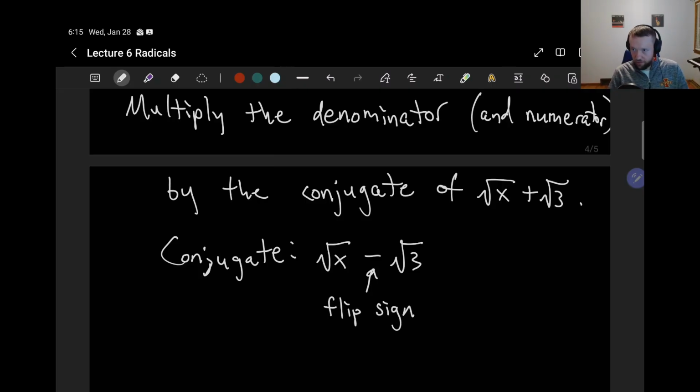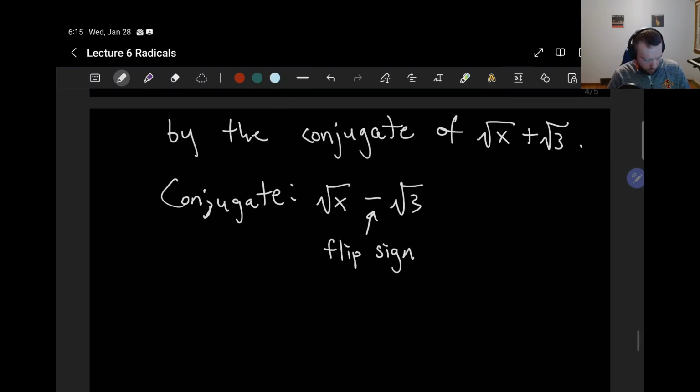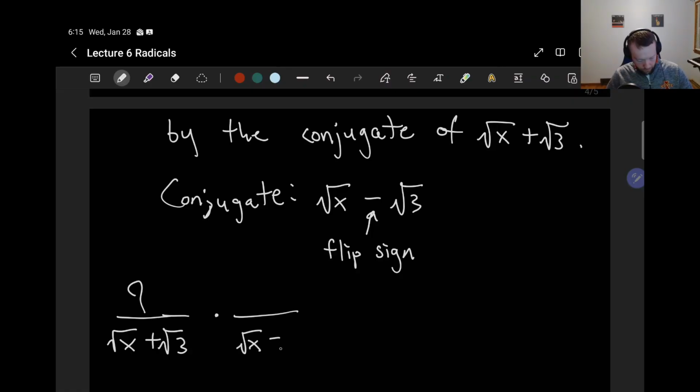So now it's the square root of x minus the square root of 3. This is the conjugate of root x plus root 3. This is the thing that we want to introduce. So here's the original. And I want to multiply by the conjugate, just flipping the sign to a minus. And I have to do the same thing above as well, so that I'm not really changing the problem.